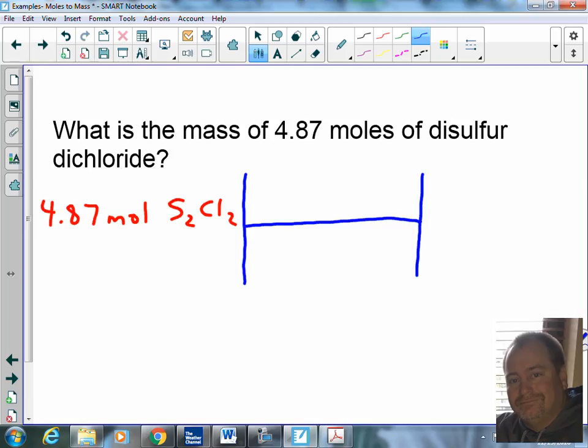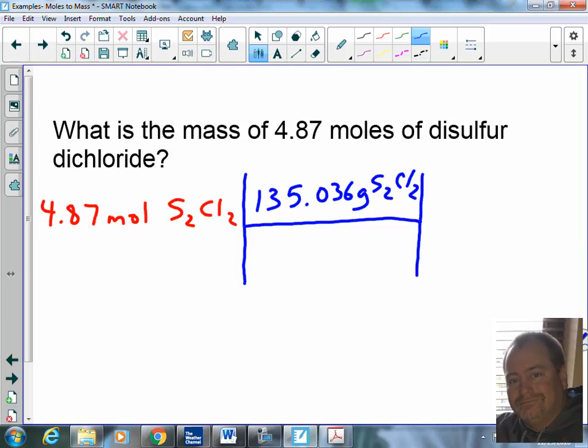Shelby? The mass, which was 135.036 grams S2Cl2.